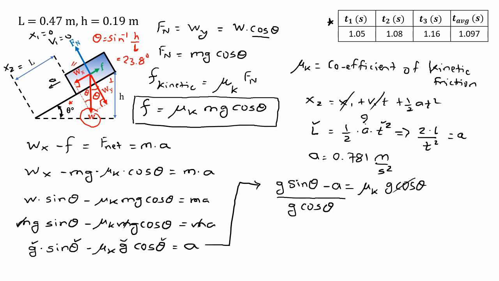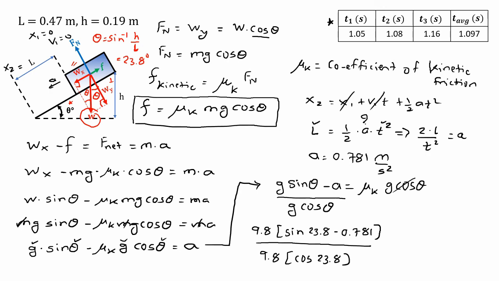Alright, so 9.8 sine 23.8 minus a, which is 0.781, divided by 9.8 cosine 23.8. Oh, there is no bracket here, otherwise it would have cancelled out.